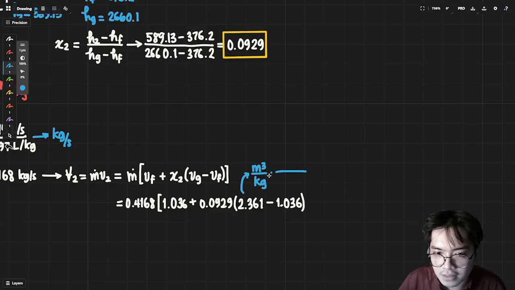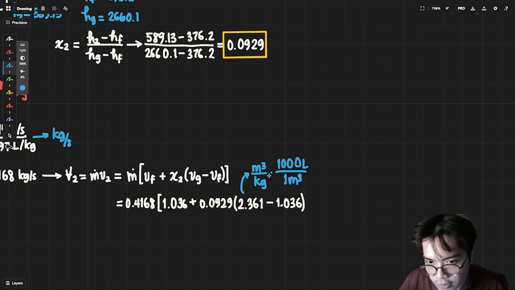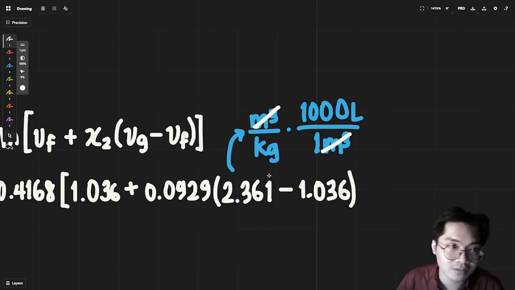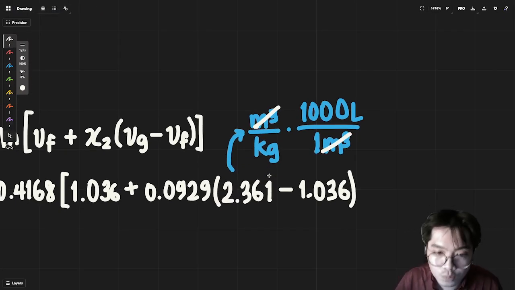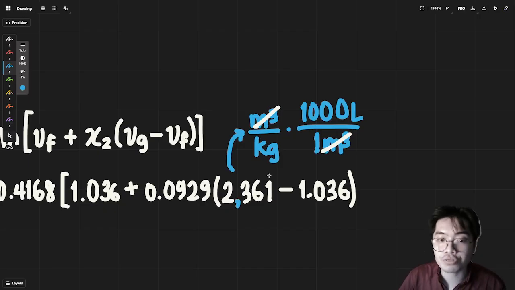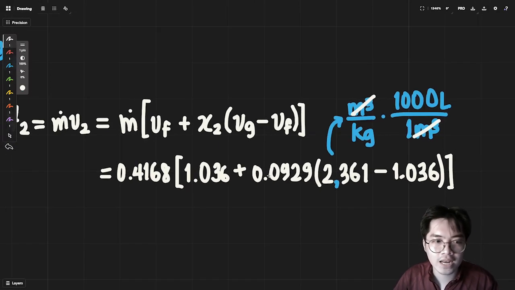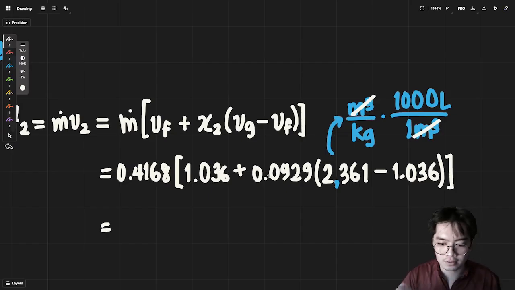And that means that this should be multiplied by 1,000 liters per cubic meter. So instead of this being a dot, this should actually be a comma: 2,361, right?